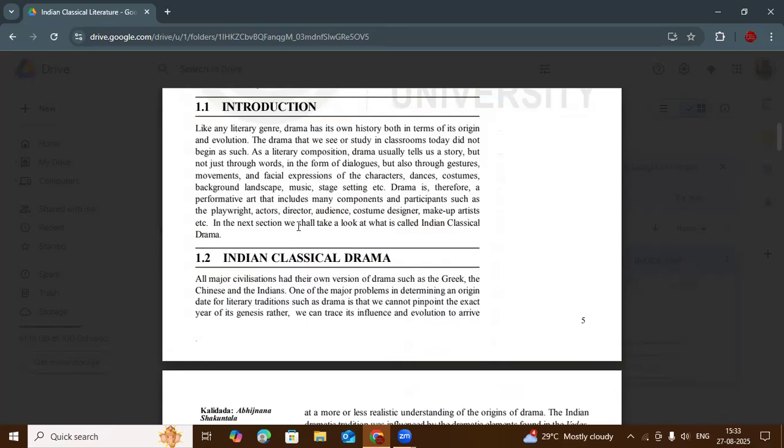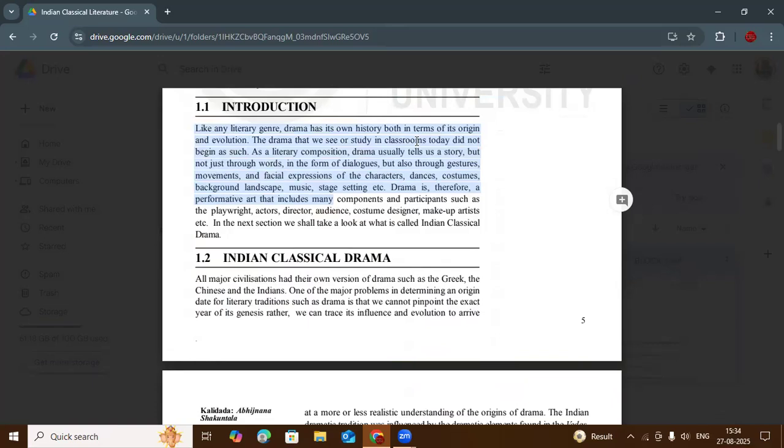Like any literary genre, drama has its own history both in terms of its origin and evolution. So drama has its own history in terms of its origin and evolution, from where it originated and how it evolved throughout time.